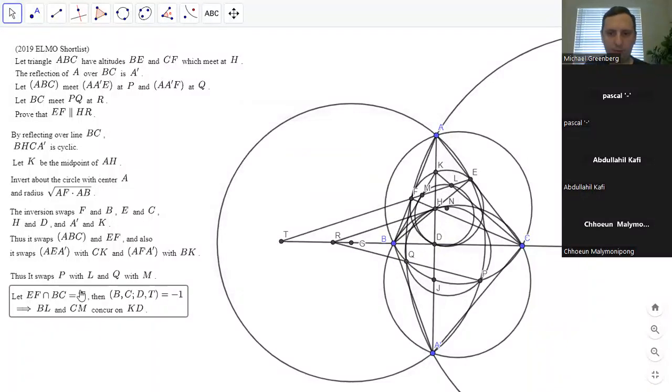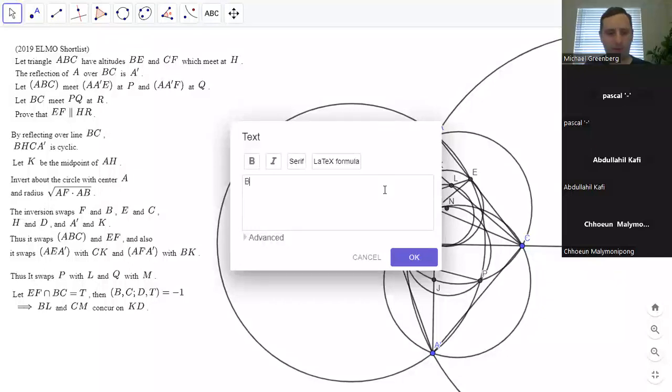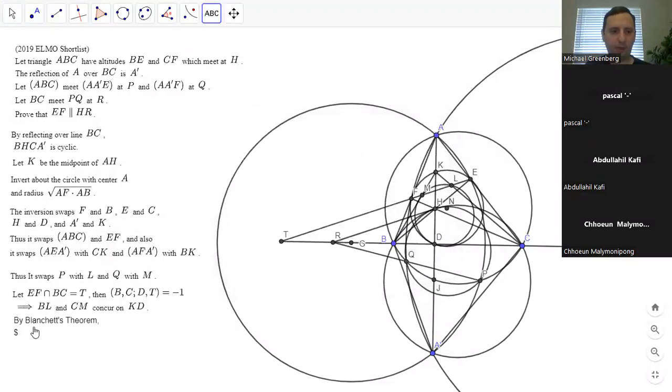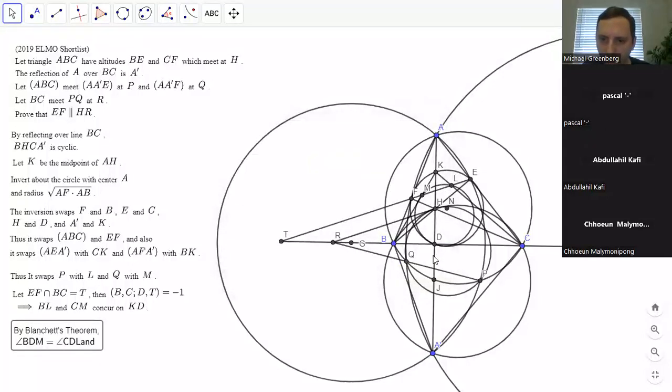So by Brianchon's theorem, BDF equals CDE and BDM equals CDL. So I'll just say that in the other order. By Brianchon's theorem, we'd have BDM equals CDL and BDF equals CDE.